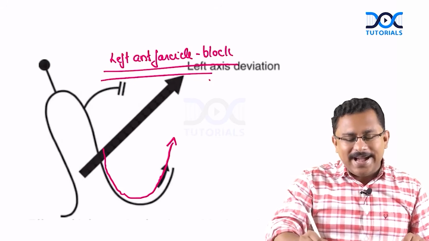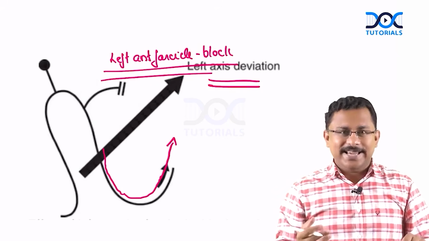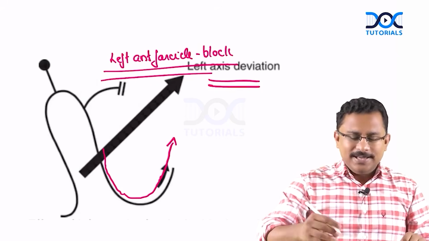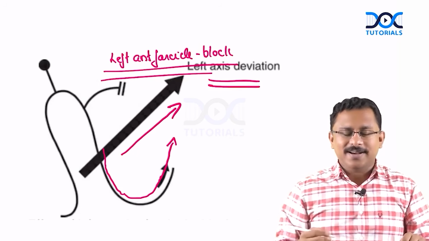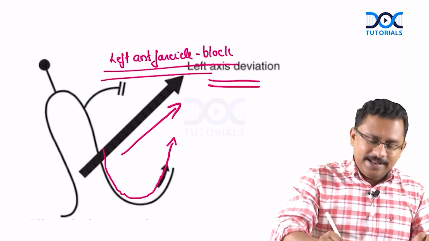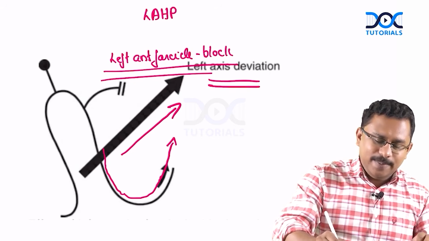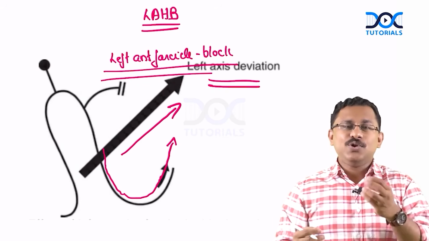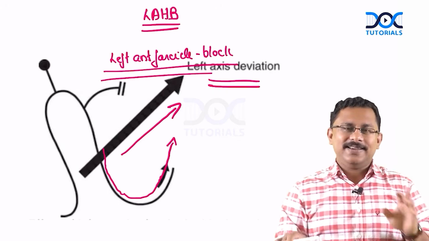So again the axis can shift. In this case there can be a left axis deviation. That is how in case of a left anterior fascicle block, you can call it LAHB, left anterior hemiblock, that is the anterior fascicle is being blocked, there also you can get a left axis deviation.